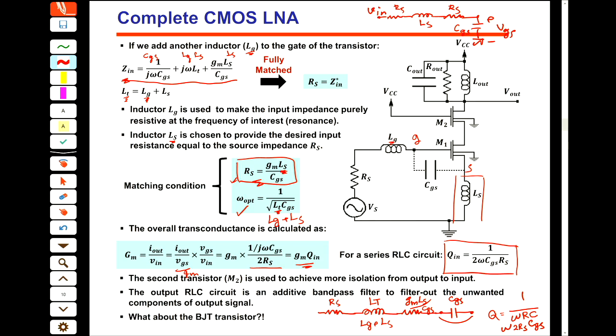So LS and CGS are neutralizing each other at the resonant frequency, because at the resonant frequency we have this, which is this LT. Okay, so the voltage across this is VGS, and it is equal to the V in multiplied by just the impedance divider. Impedance divider: CGS divided by 1 divided by 2RS.